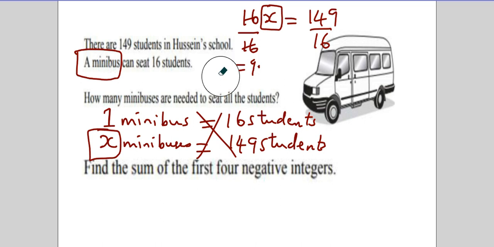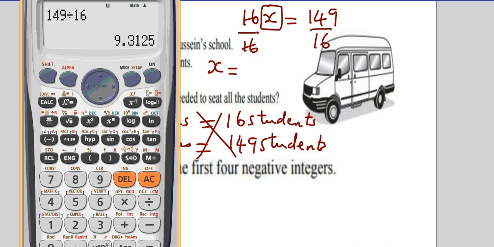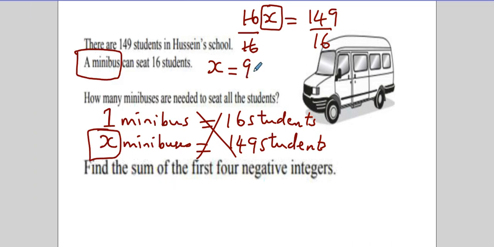Let me write properly. We are getting X equals 9.3125. Now, because this question is asking for how many minibuses are needed, the number of minibuses cannot be a decimal. So what we do, we take that whole number, 9, then we add 1 extra minibus.